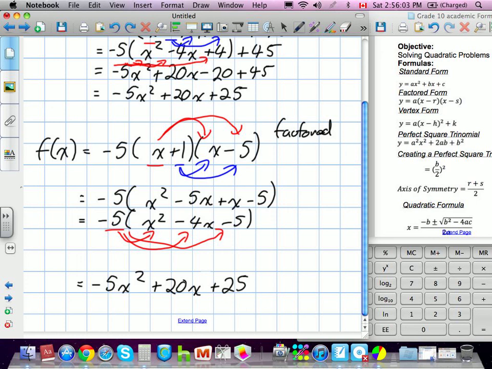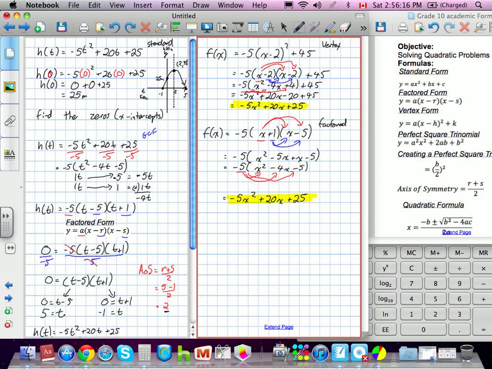So if you take a look, there you go. Dual pages, and technically the exact same thing we'd started with in our standard form. But that's it. See how we went back to our standard form? So we expand and simplify from either vertex or factored form to get back to standard form.